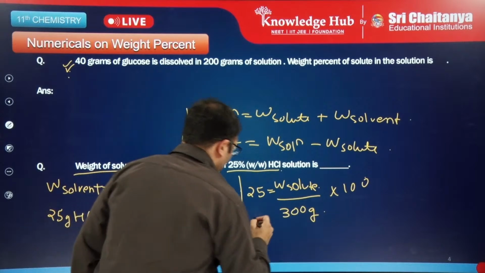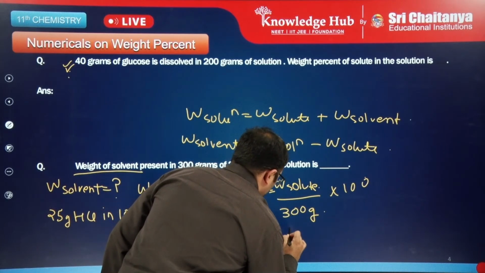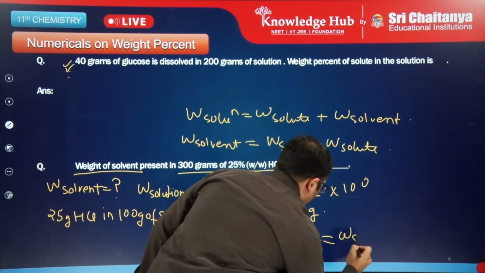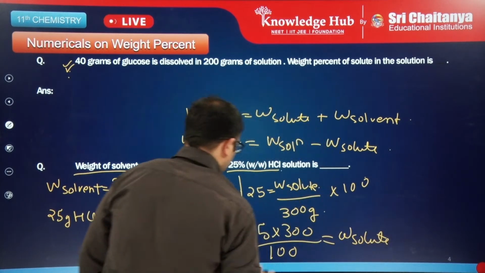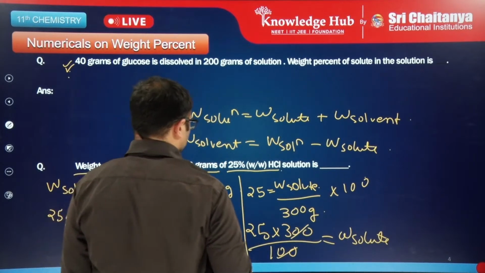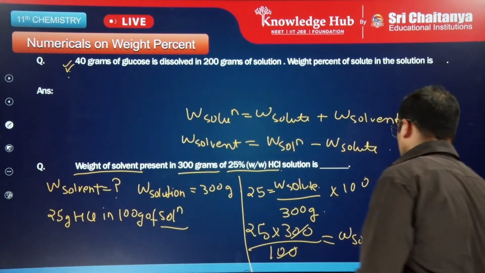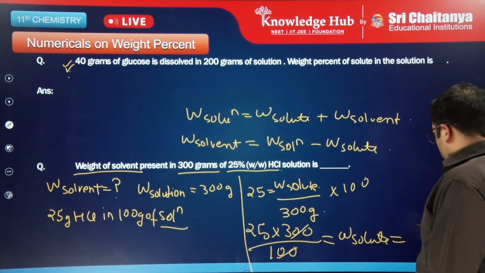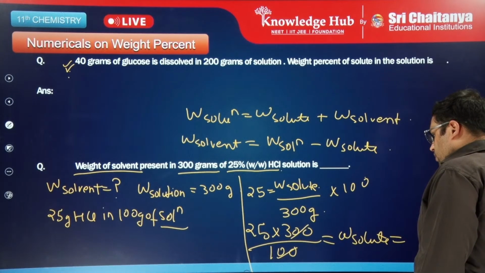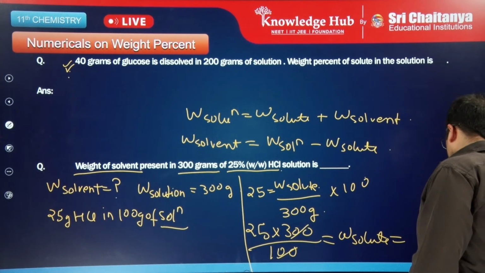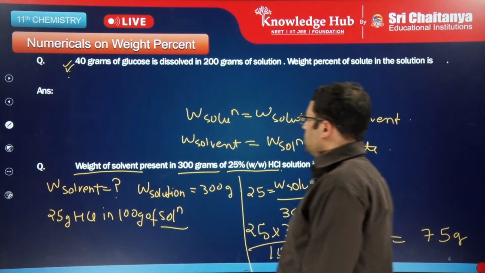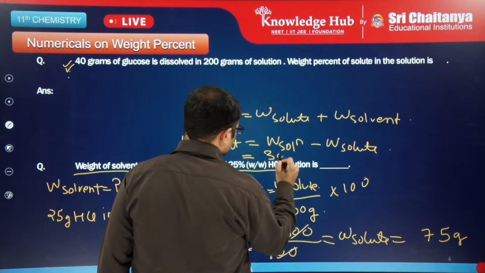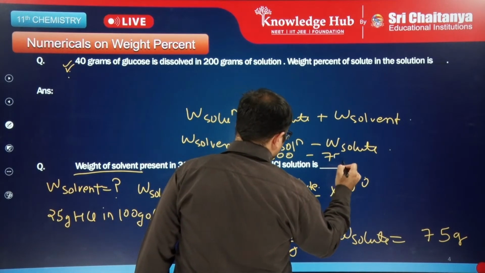So let's have a go at that. This will get cancelled out, so weight of solute will come out to be 75 grams. So now put that here. Weight of solution was 300 minus 75.